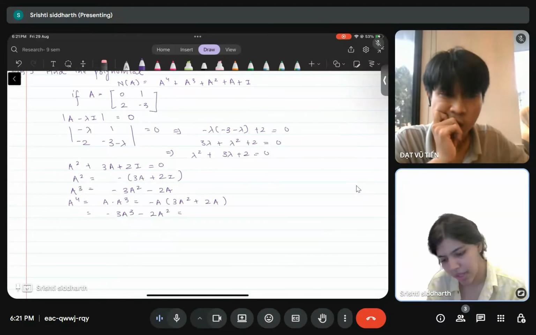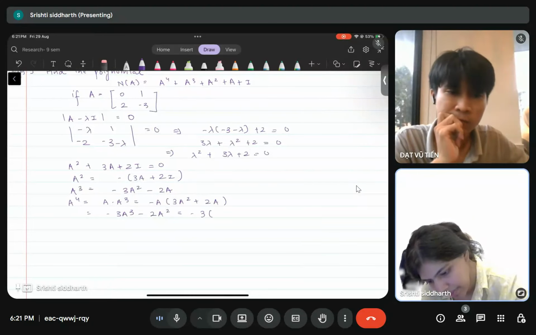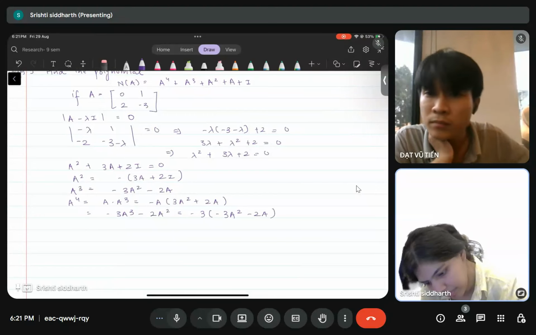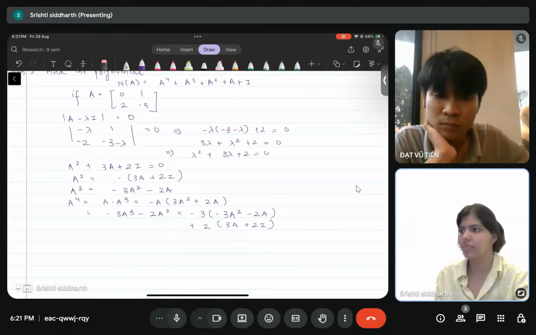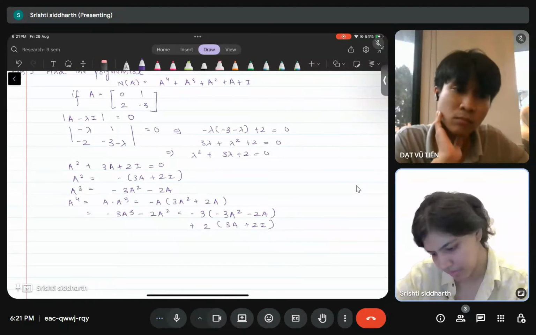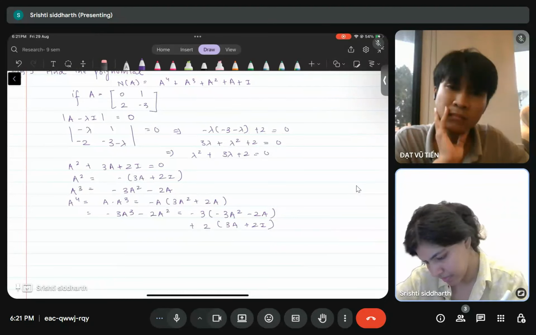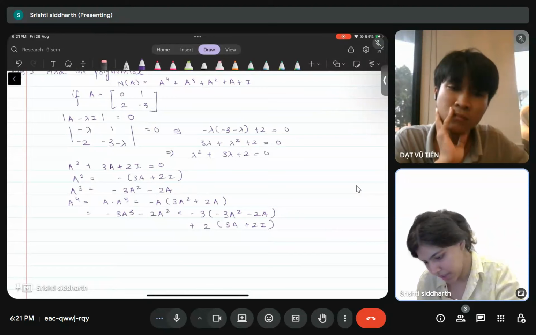So let's substitute A cubed and A squared. I think for this we could just have simplified at this stage.